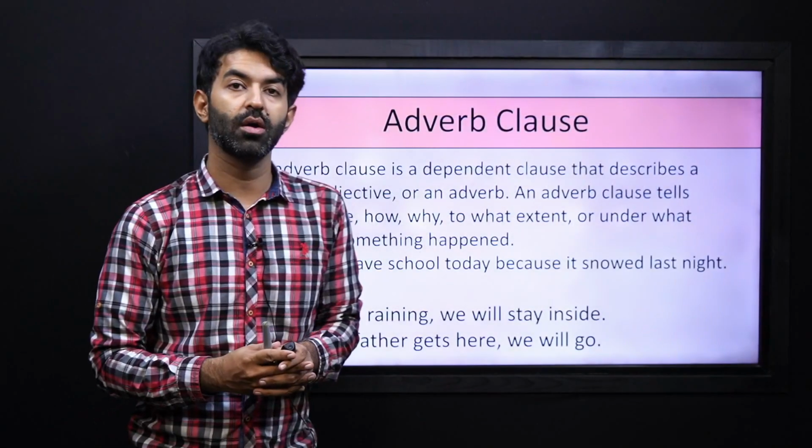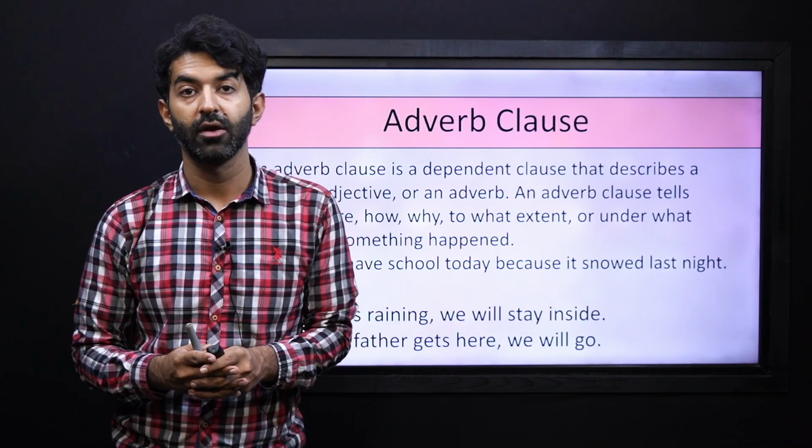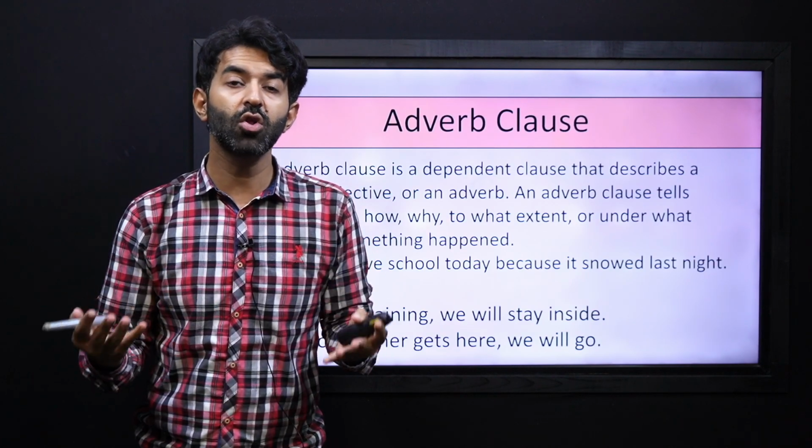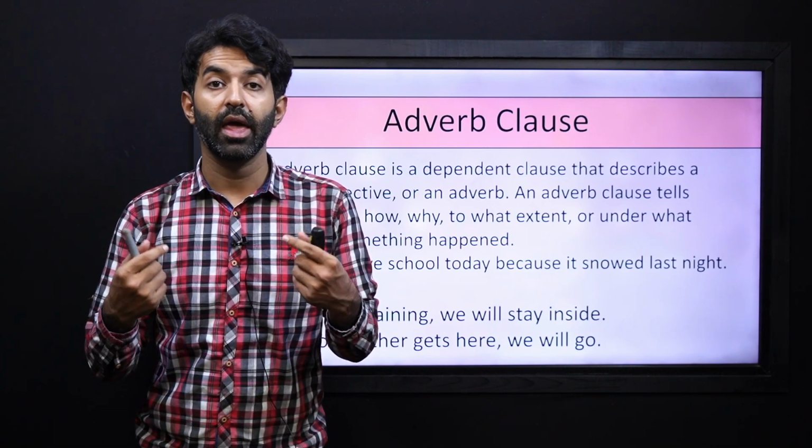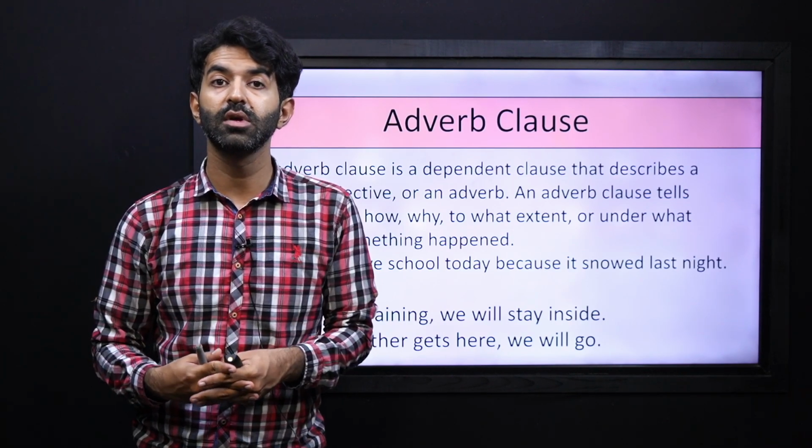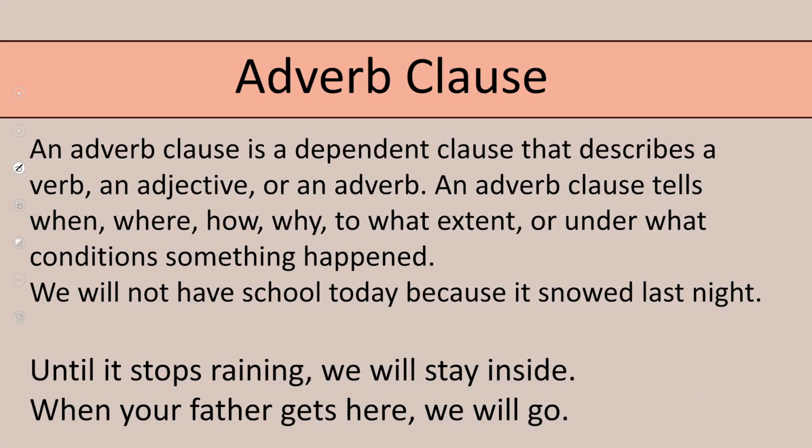And now let's talk about clauses. When we are combining some words with a clause and that has an adverb, it becomes an adverb clause. An adverb clause is always going to be in the dependent clause, students, not in the independent clause, and it describes a verb, an adjective, or an adverb. It answers questions like when, where, how, why, to what extent, or under what conditions.